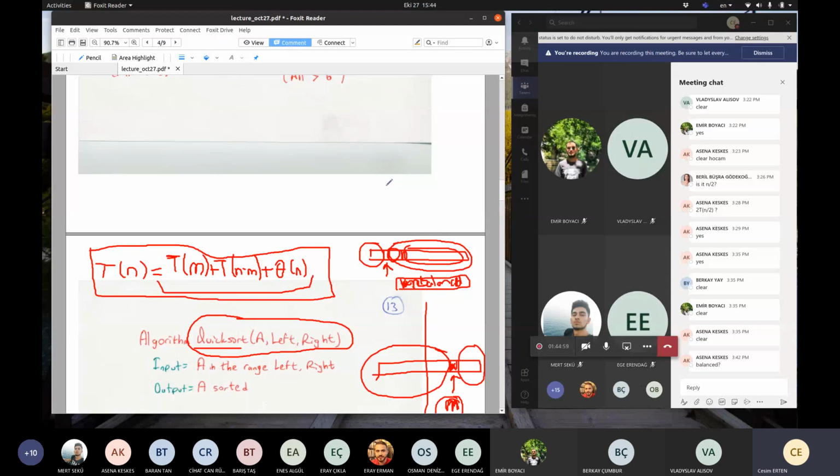The worst one would be, for instance, after the partition, let's say our algorithm is quite unlucky so that the pivot belongs to the leftmost position, such that the middle index m is at the leftmost position. When can this happen?